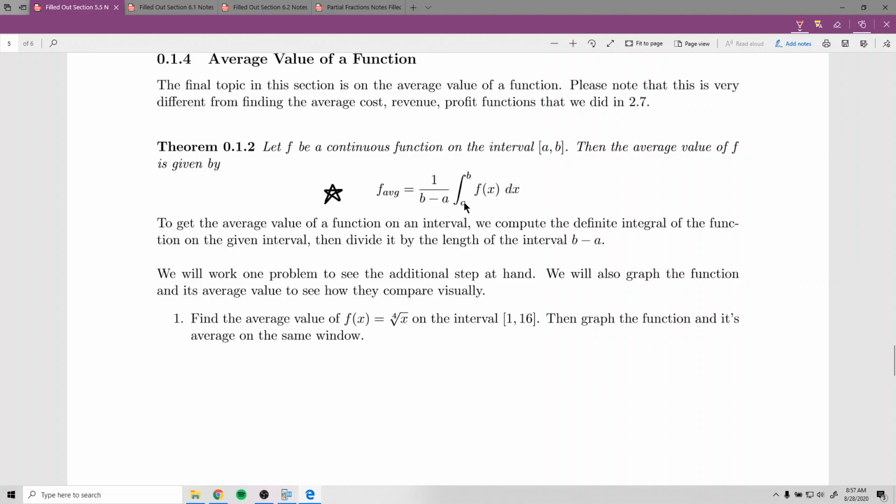So if for our definite integral we want to figure out the average value from 2 to 4, we would do the definite integral from 2 to 4 and then divide by 2. All right, so we compute the definite integral of the function given on the interval, then divide it by the length of the interval, which is b minus a.